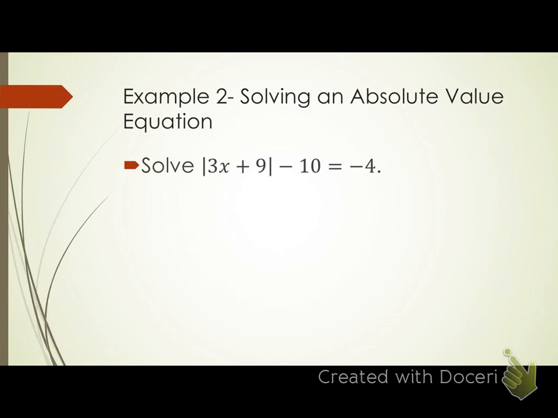Solve the absolute value of 3x plus 9 minus 10 equals negative 4. Any ideas here? Absolute value of 3x plus 9 minus 10 equals negative 4.